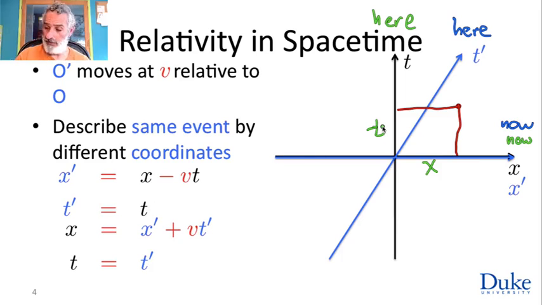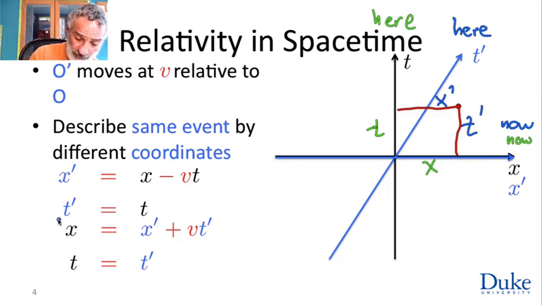Well, it's clear that the blue observer measures a different distance, since the blue observer is at a different position at the time the party occurred. He measures the party to occur at this distance to the right of his origin, and he also measures the time at which the party occurred. And since they synchronize their clocks, they agree on the measurement of time. So they measure for the same birthday party, the same event, the same time, but they disagree on where the birthday party occurs. It's not that they disagree, but they describe it with different coordinates.